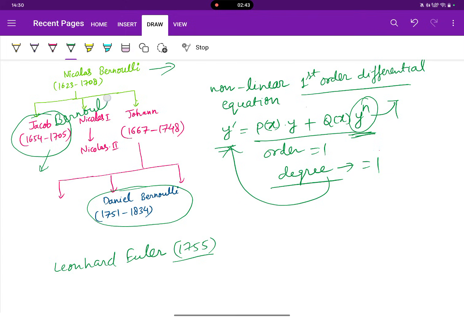That is part of math. And Nicholas 1 and 2, their family tree ends here. And next is Daniel Bernoulli, whose equation we are going to study and derive. He is the second son of Johann Bernoulli. Okay, timeline you can understand.